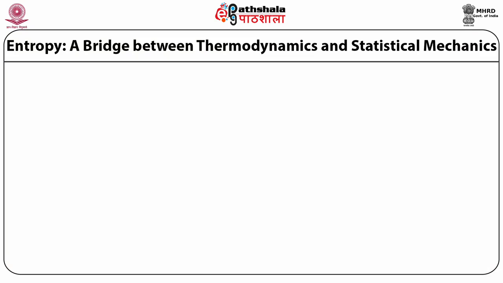So, it's a natural question to ask, what connects thermodynamics and statistical mechanics? That is, is there a bridge between thermodynamics and statistical mechanics? Answer is yes. Entropy is such a bridge. We would like to know what is entropy.